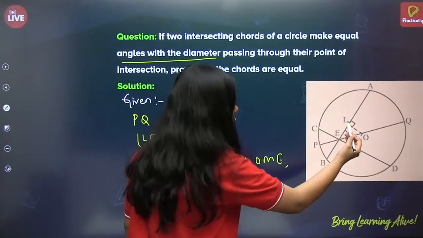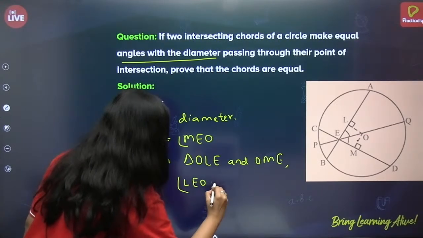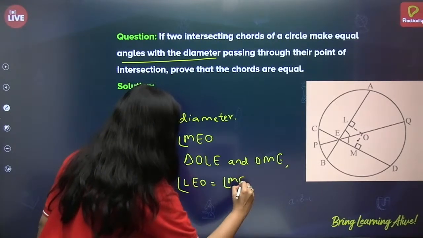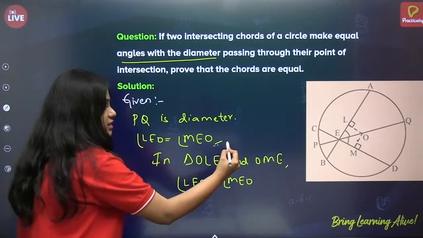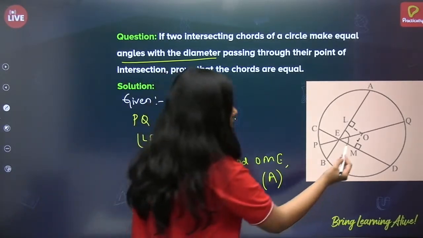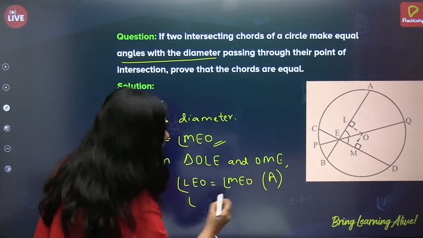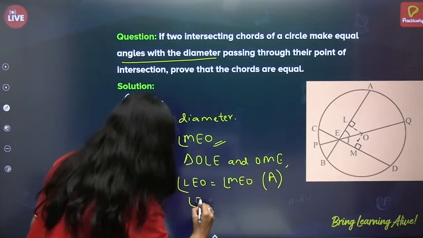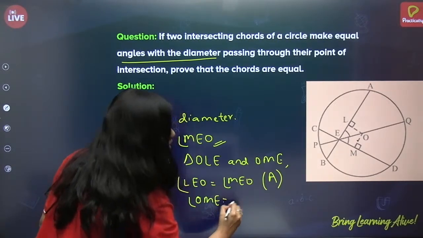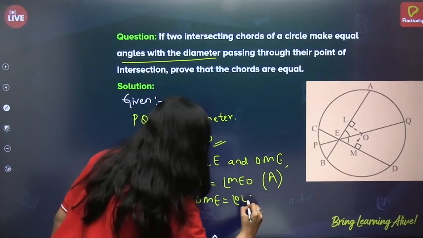What do we know? Angle LEO is equal to angle MEO. Why? Because it is given, correct? This is an angle. Next, if this is 90, this will also be 90, correct? So angle OME is equal to angle OLE is equal to 90 degrees.